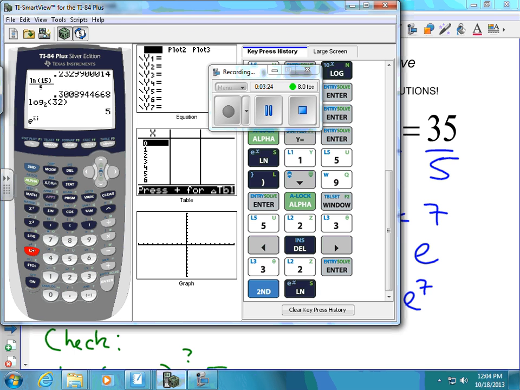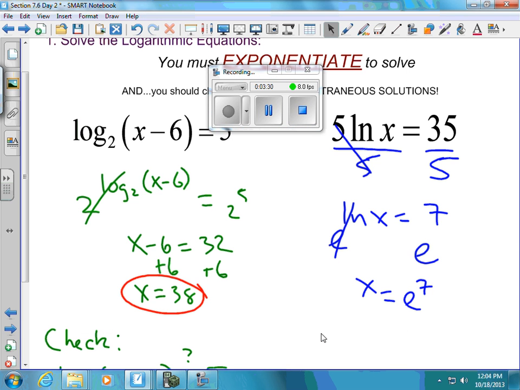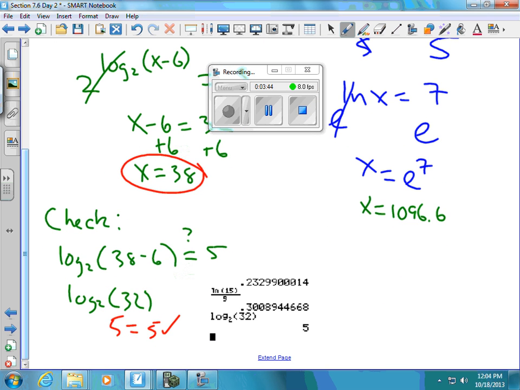e to the 7th, and we get 1096.6. Now, should we plug that in our calculator and check? We probably should. Let's check it. So I'm just going to put it all in my calculator.